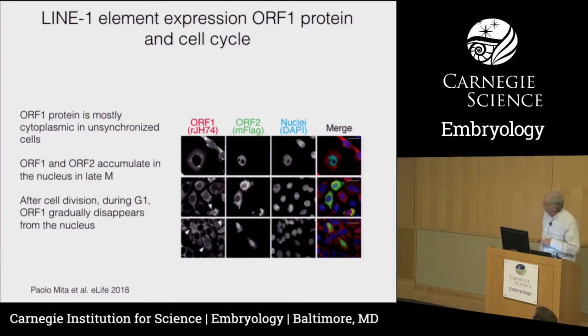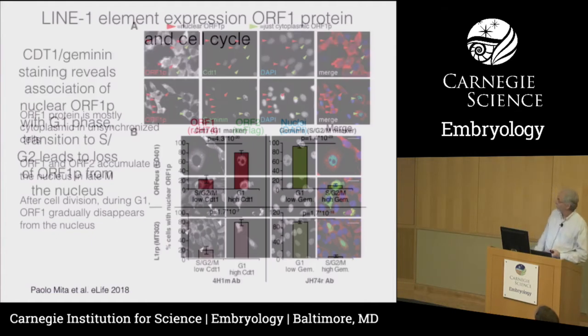And so you can see that when you do see ORF1 protein in the nucleus, you also see ORF2 protein in the nucleus of those cells. But after cell division, during the G1 phase, the ORF1 protein disappears from the nucleus, and this appears to be, at least in part, through an active export process because it can be blocked with the drug leptomycin.